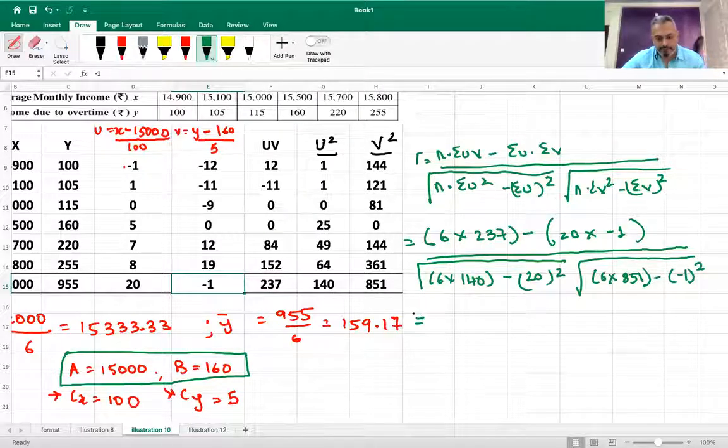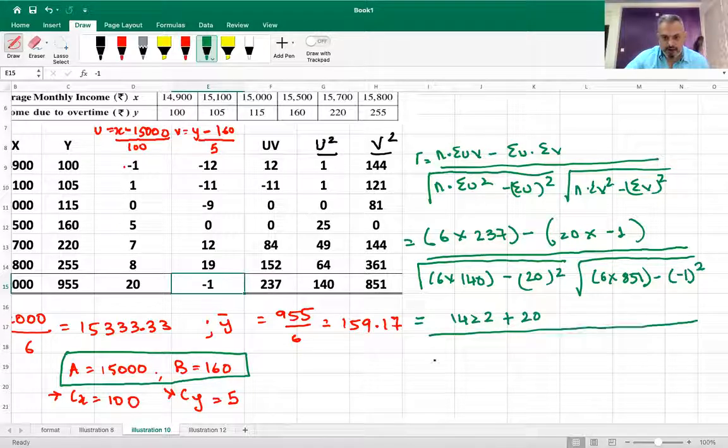Let's calculate. 1422 minus 20 into minus 1 is minus 20, but minus minus will become plus.